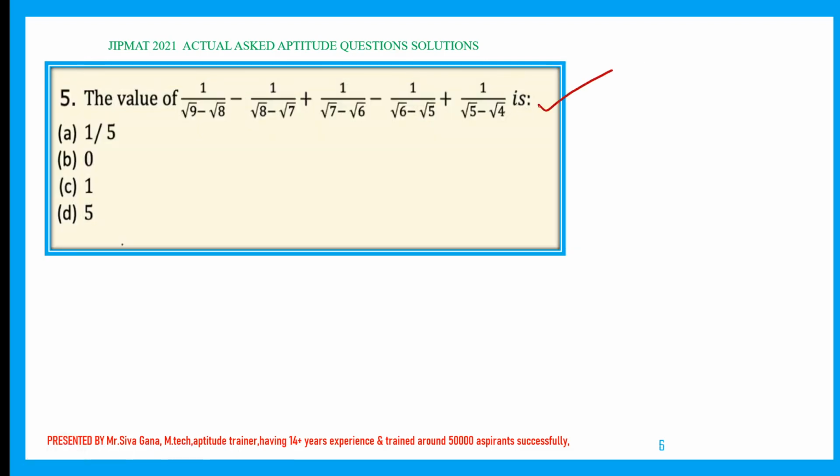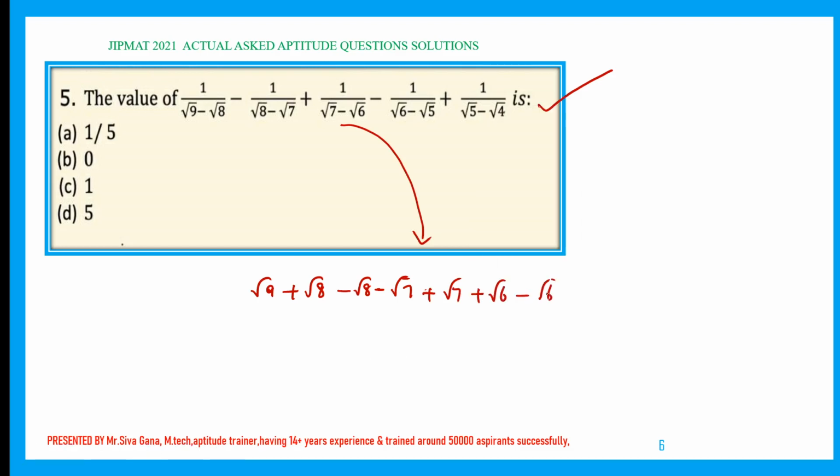So by seeing this question, every BTech student will get what idea? Rationalization. If you do the rationalization, the first term becomes root 9 plus root 8. Second term is root 8 plus root 7, which is nothing but minus root 8 plus root 7. Next term is minus root 7 plus root 7 minus root 6 plus root 6.